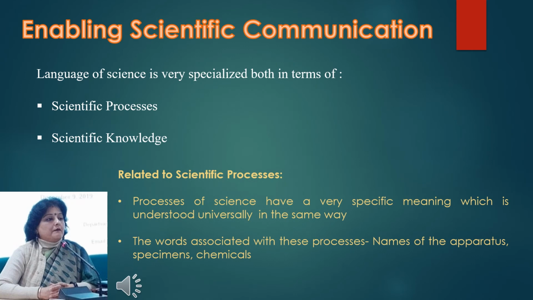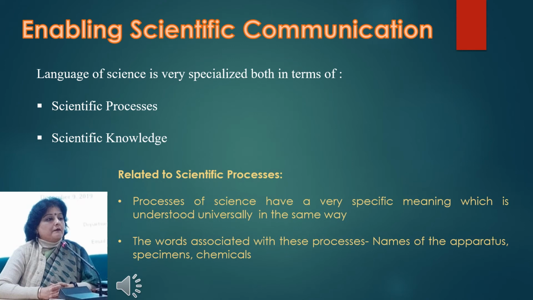After discussing the various process skills, their meaning, and how they could be developed in a science classroom, we would be discussing scientific communication and how it could be enabled. Scientific communication is very closely related to the language of science, and the language of science is very specialized, both in the scientific processes as well as in scientific knowledge.